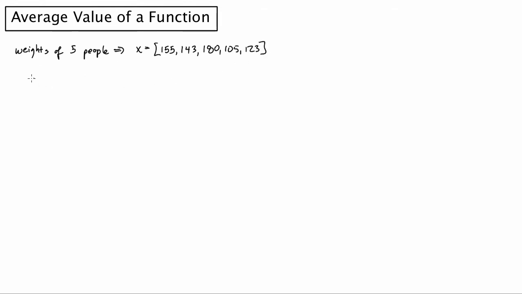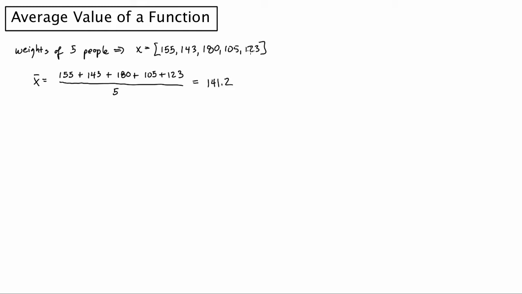Then I think we all know that the way you would calculate the average is to add up all of the points and divide by the total number of observations, which is 5. In this case, it would be 141.2 pounds. That's a fairly standard thing. Most of you learned that early on in your schooling.